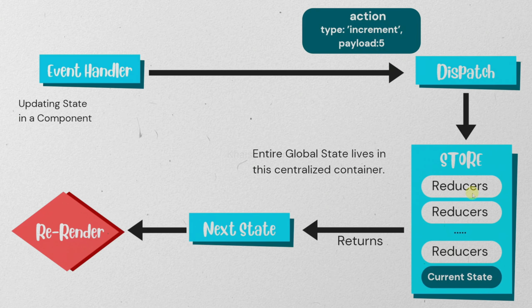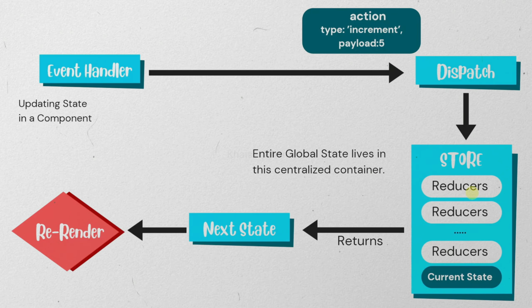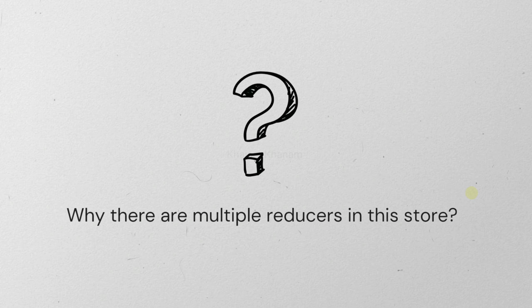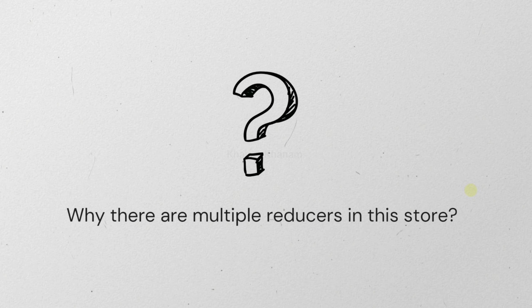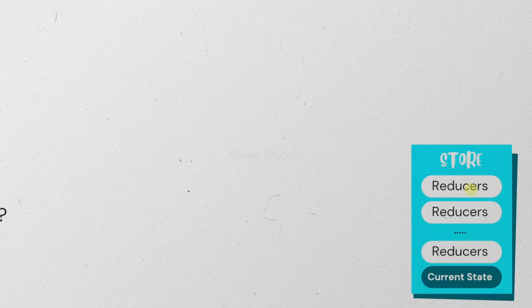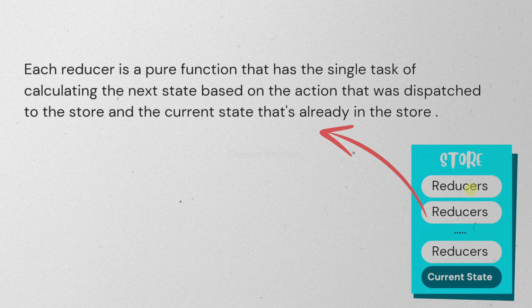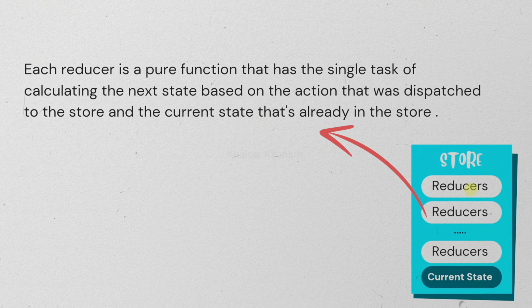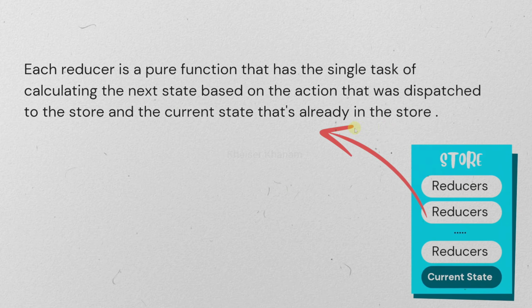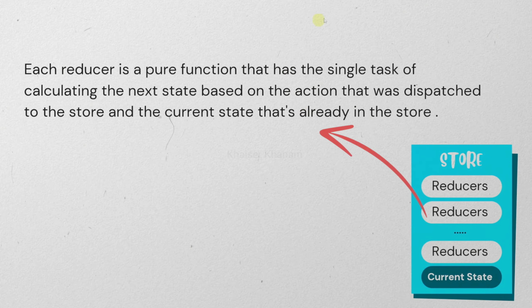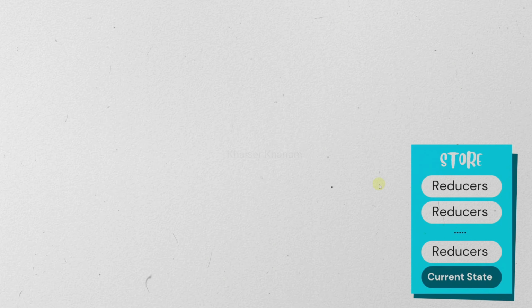And inside this store, we can have one or more reducers. Now, you might wonder why there are multiple reducers inside this store. Just remember, a reducer must be a pure function that has the single task of calculating the next state based on the action that was dispatched to the store, and the current state is already present inside the store.